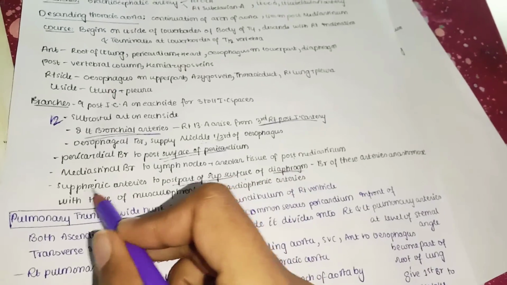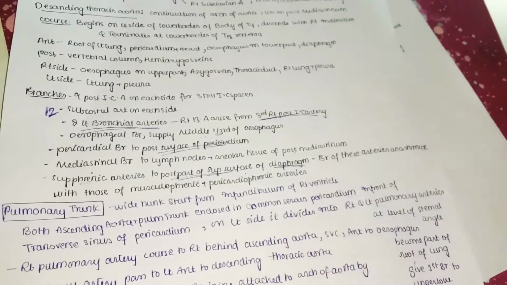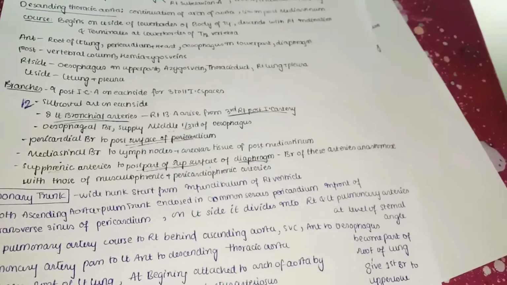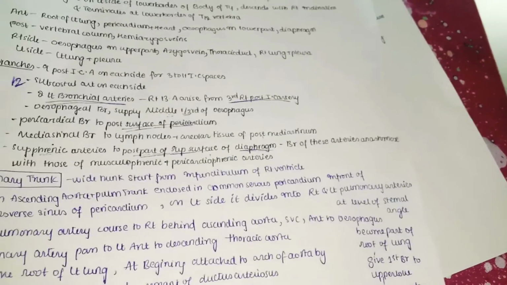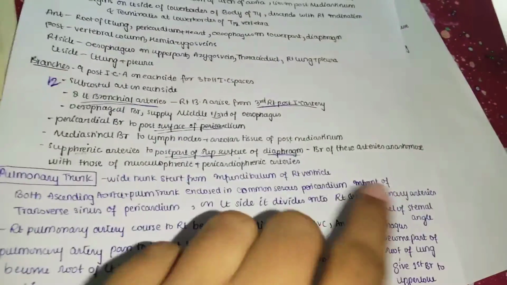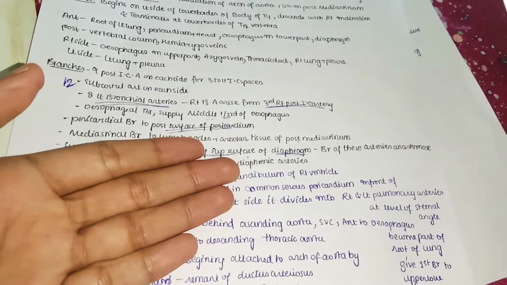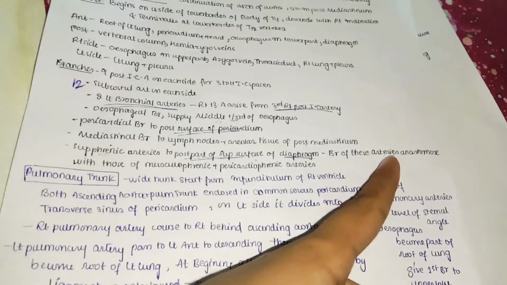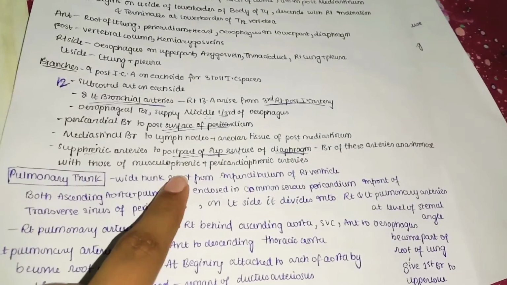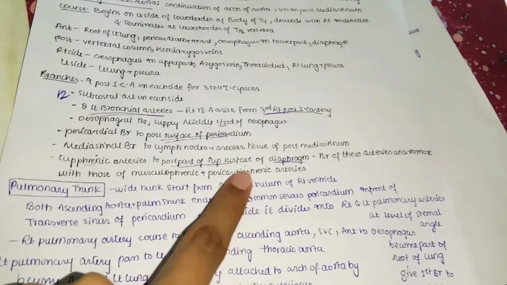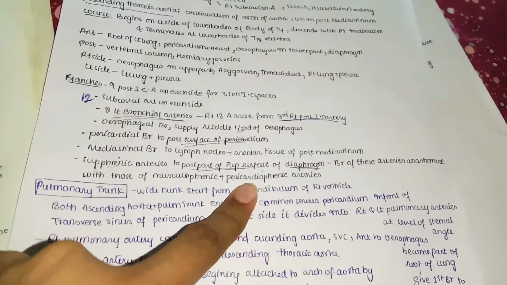Phrenic in the name itself, you can imagine, is going to supply the diaphragm. Branches of these arteries anastomose with those of the musculophrenic and also pericardiacophrenic arteries. So that is the main thing to remember here.